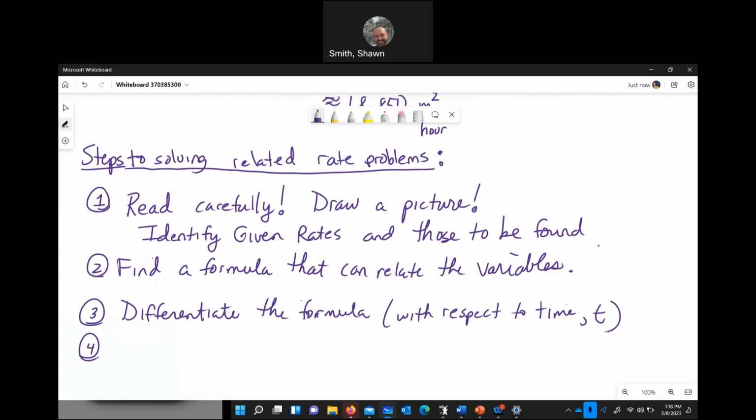Step 4, substitute known values, and solve for the desired rate, if that's what's being asked.